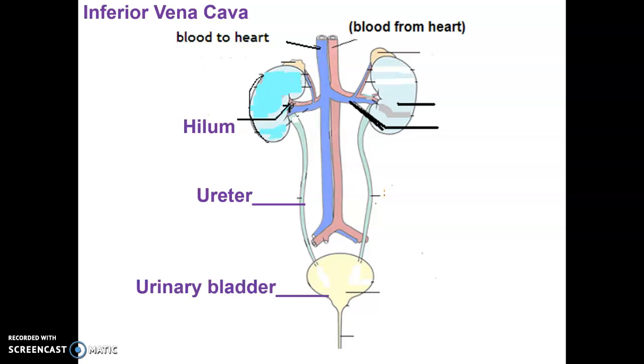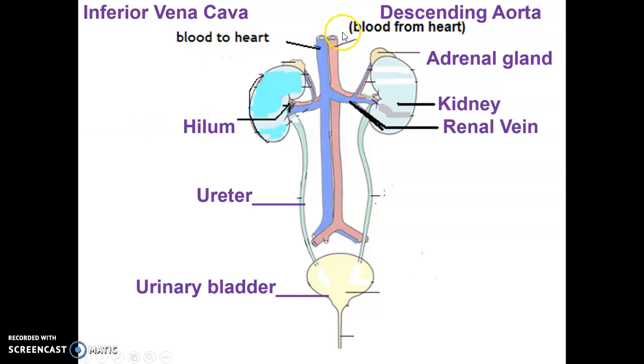Blood comes out of the heart straight down the, I'm sorry, the descending aorta. And one of the first places it drops off is the kidneys because they cleanse the blood. You've got the adrenal gland on top of the kidney. You've got your renal vein and renal artery bringing blood into and out of the kidneys.